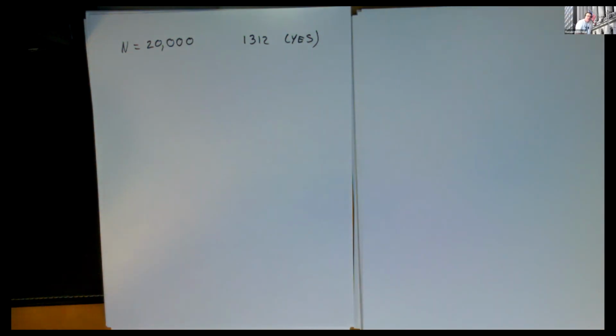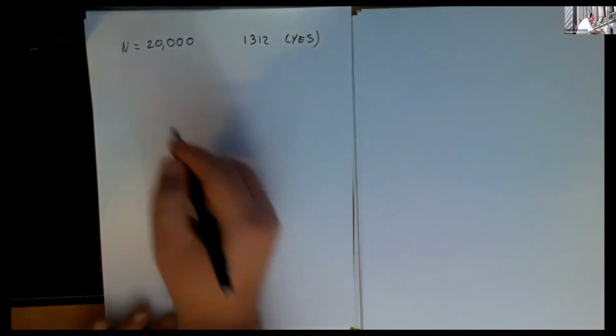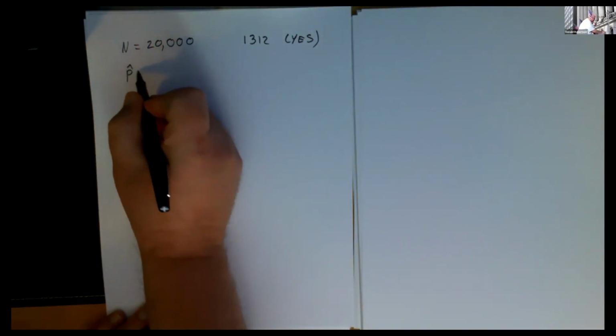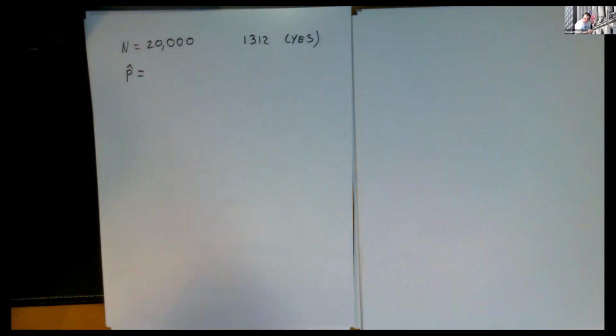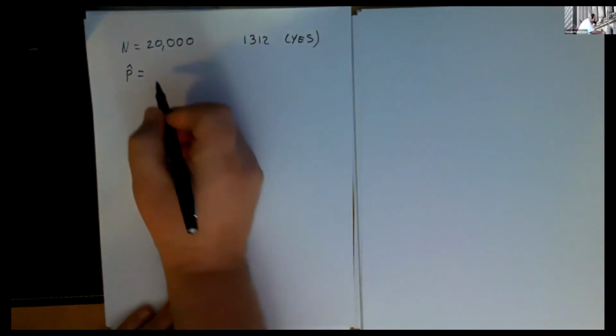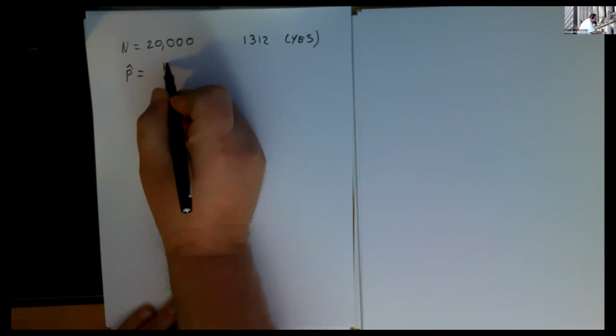We would like to use this sample to create a 99% confidence interval on what we believe the percentage of Americans who like watching soap operas on TV is. So I'm going to make the assumption that we've done all the randomness and the large sample checks and jump right into the meat of the question.